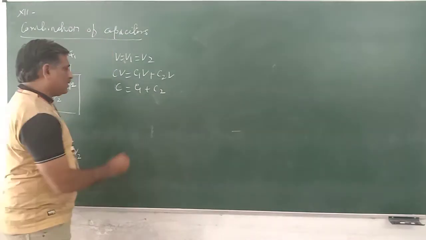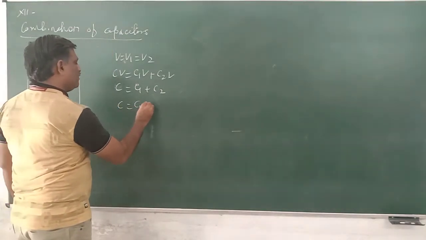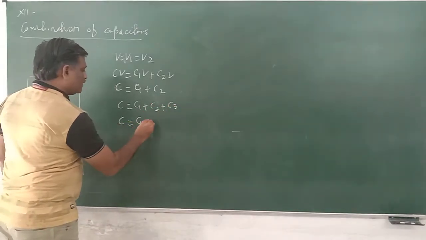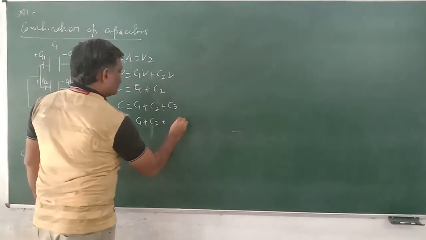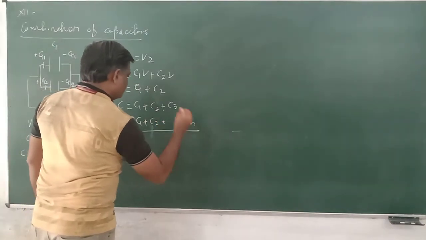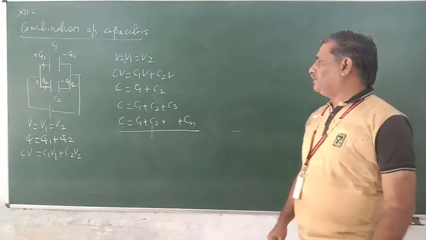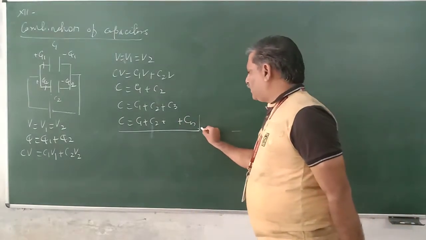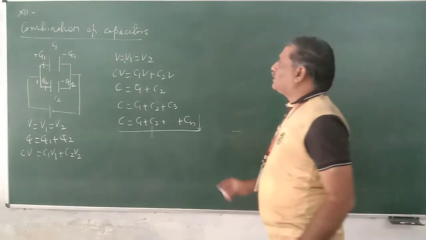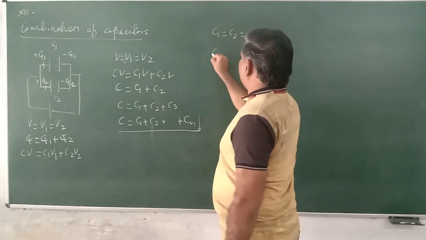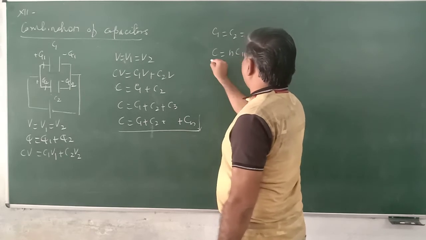If three capacitors are there, then C = C1 + C2 + C3. If n capacitors are connected, C = C1 + C2 + so on + Cn. If all capacitors are equal, C1 = C2 = Cn, then C = nC1.